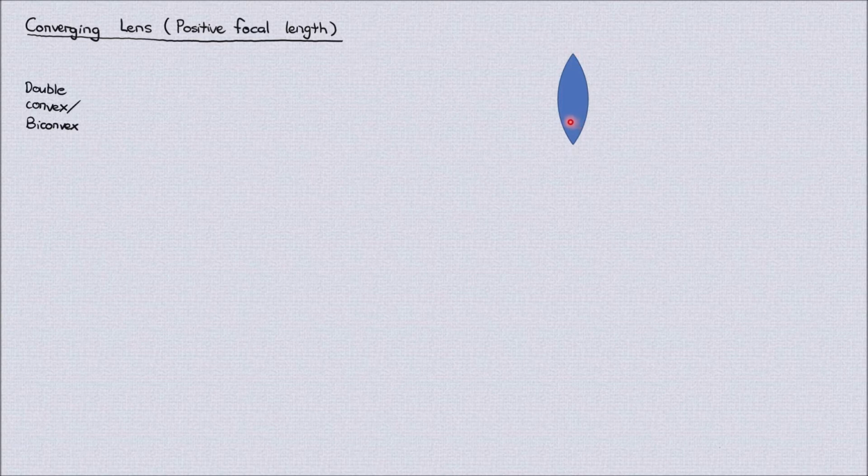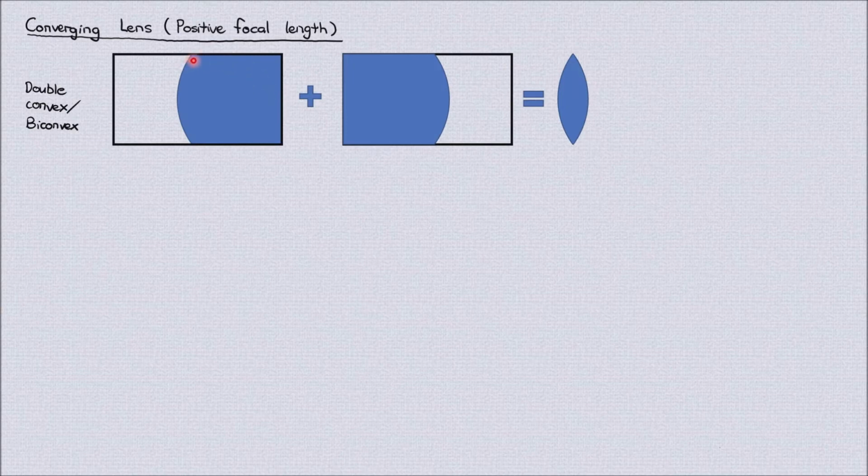A double convex lens is a lens where you have a convex spherical surface on both sides of the lens. You can see that it consists of two surfaces, both bulging outwards, curving outwards. That's why I call it biconvex. The bi, you can think of it as bicycle. A bicycle has two wheels.